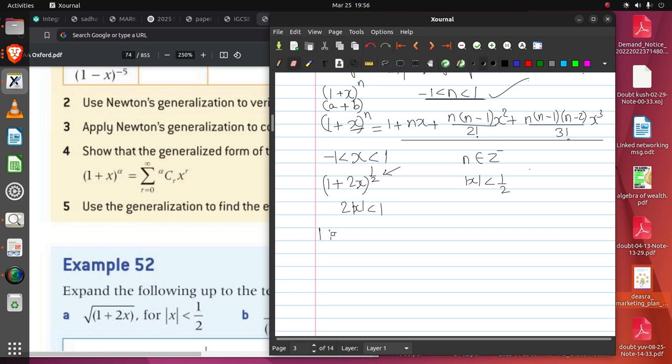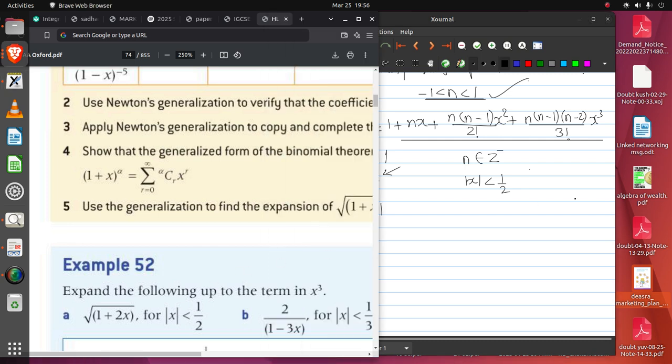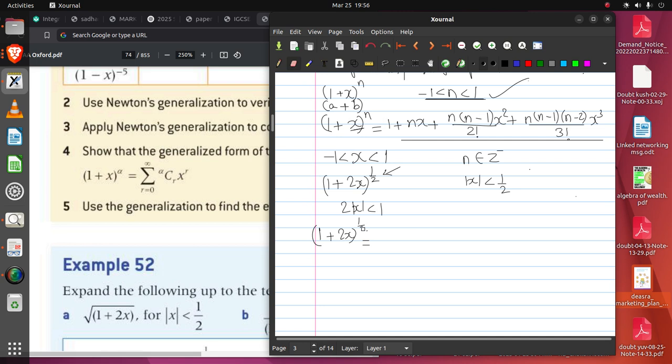So if I want to find 1 plus 2x, the entire thing raised to half, they want up to x cube, so I'll have to write the first 4 terms.